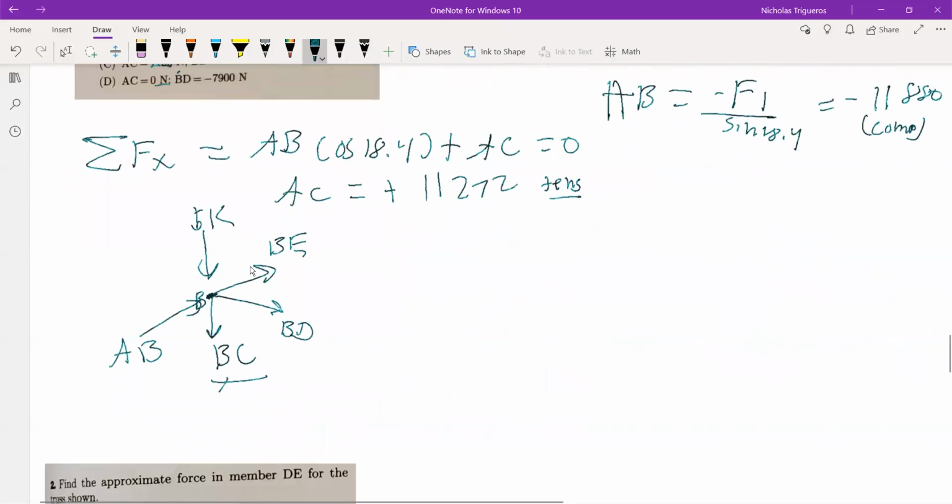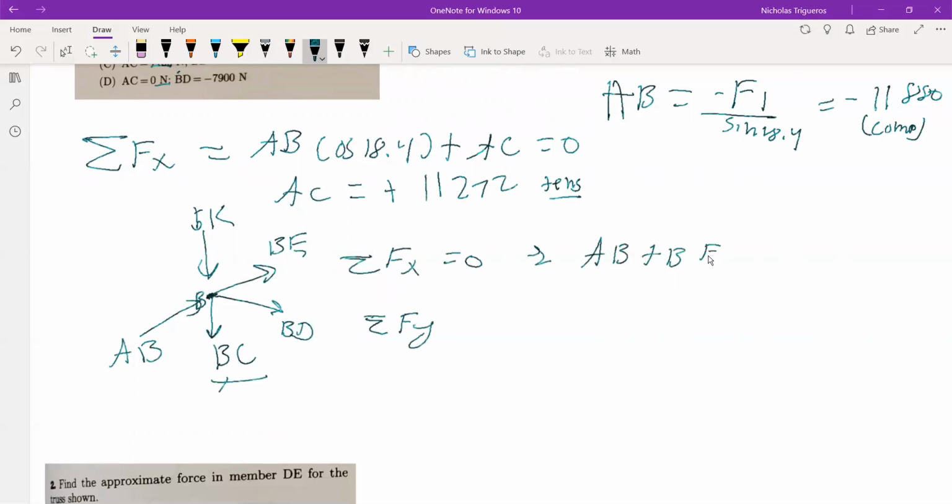But I don't think we need to go through the rest of the calculations to get the other ones, since we already were able to do it. But just in case anyone's curious, what we would do here is a sum of the force in the X and a sum of the force in the Y. One of these would give us an equation that tells us AB plus BE plus BD is equal to 0.